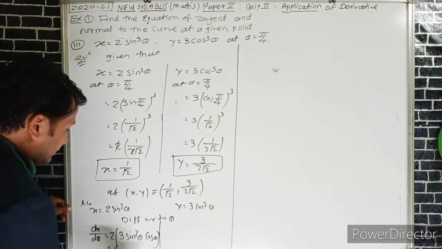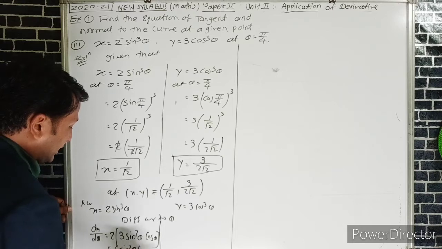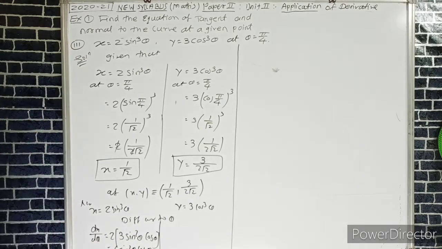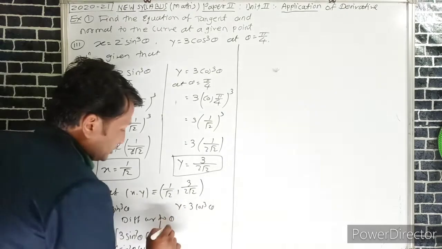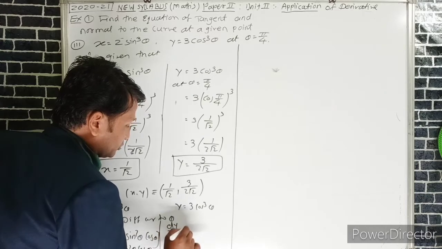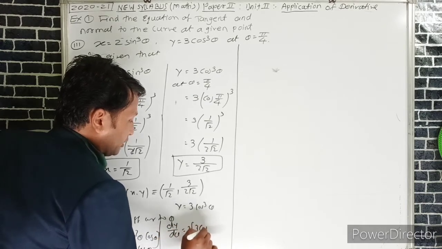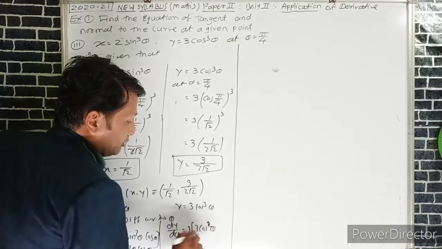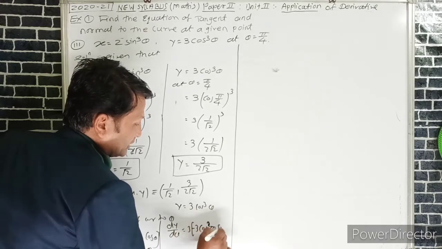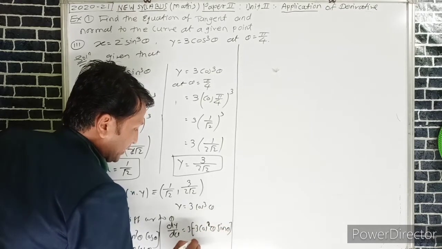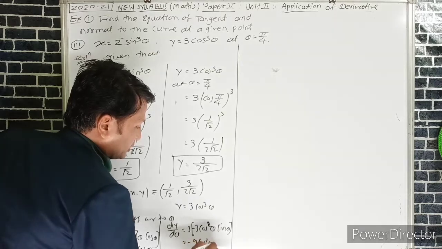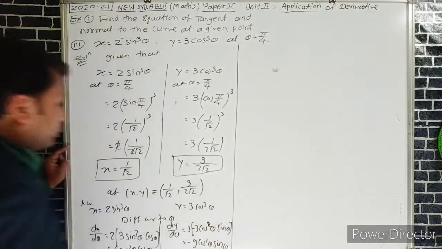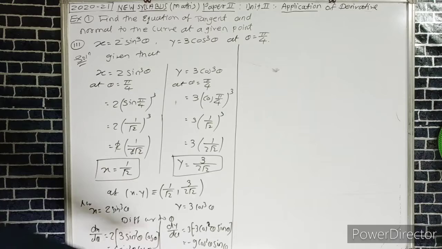It means 6 sin square theta into cos theta. Again we find dy upon d theta, which is 3 into 3 cos square theta into the derivative of cos theta, which is minus sin theta. We can write this as minus 9 cos square theta into sin theta, which is the value of dy by d theta.